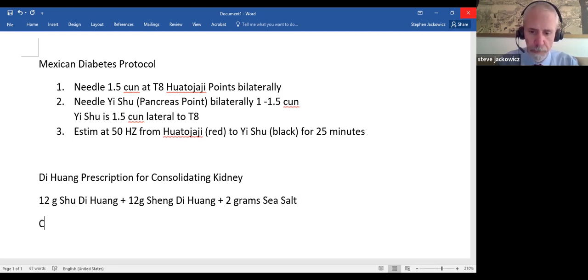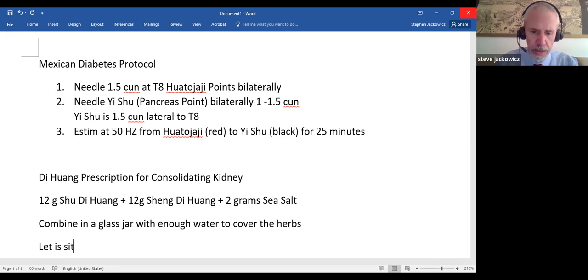Combine in a glass jar with enough water to cover the herbs. Let it sit in the sun for 3 days.